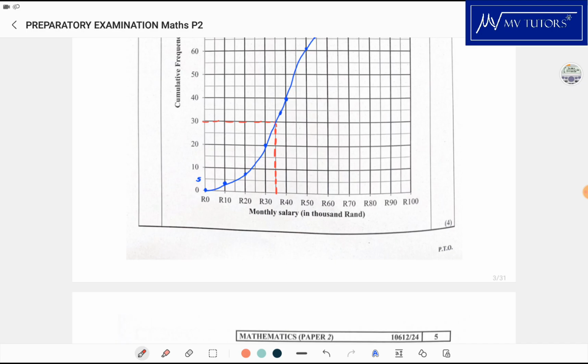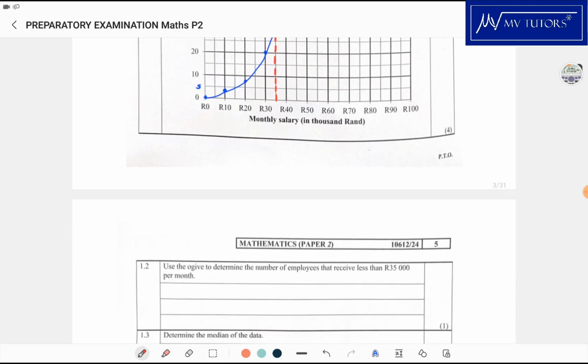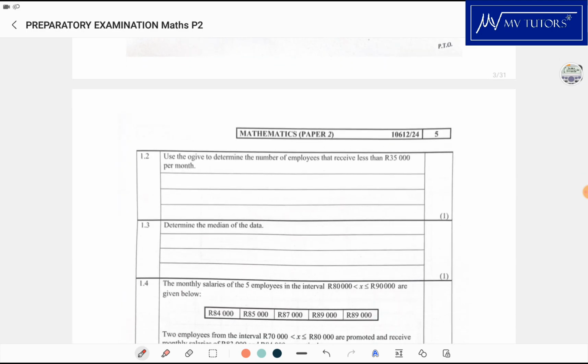Maybe I would say 29, because this ogive is not really drawn to perfection. So I think 29, 30 should be good. You can't really say approximately 30, but let's just go with 30 employees. Let's be confident in our answer.